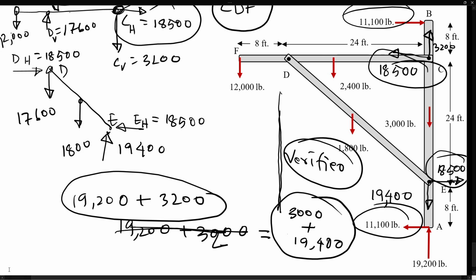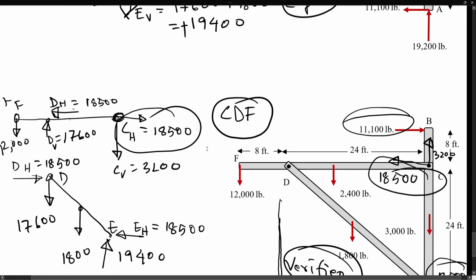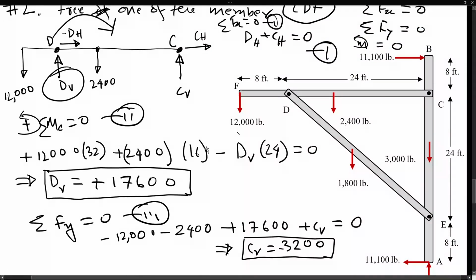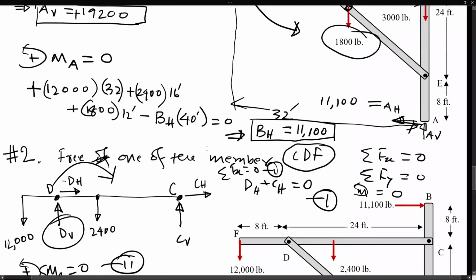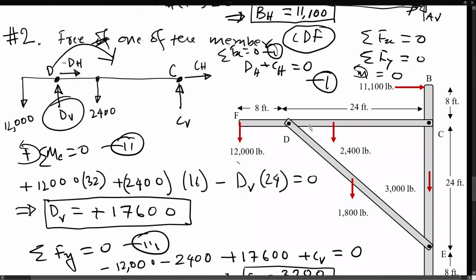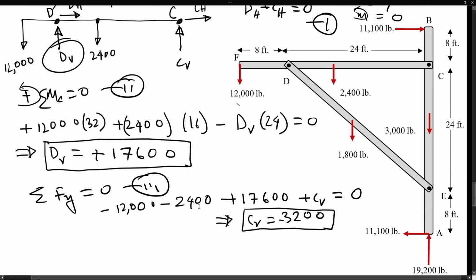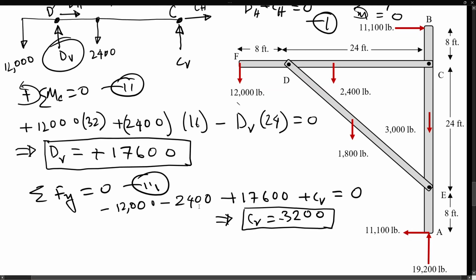So just to summarize, going back, first you have to draw the free body and find the reaction forces at each point. Once you find the reaction forces, then free one of the members, it doesn't matter which one, and then complete the free body diagram by having the reaction forces at each point, for example D and C, and then try to calculate the unknowns. And if you don't find the unknowns, go to the next and free the next member.